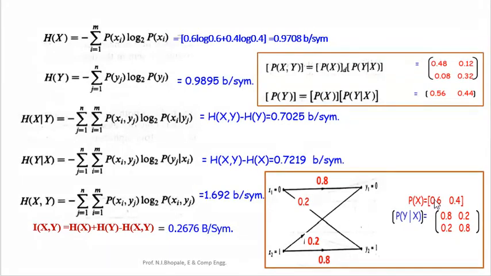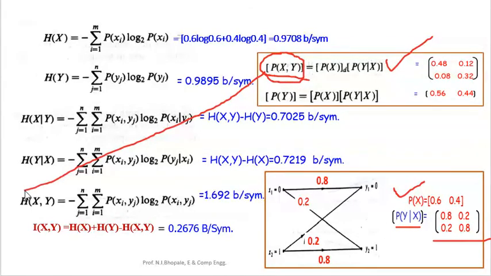If it is given, you should know how to prepare the related channel matrix, which is just shown over here, how to prepare the channel matrix based on the probabilities, and more importantly, once you have p of y given x, how to prepare p(x,y), which is the joint probability matrix. From this joint probability matrix you can easily calculate the H(x,y) because it is directly related to p(x,y).